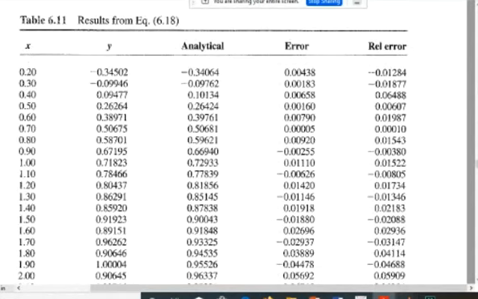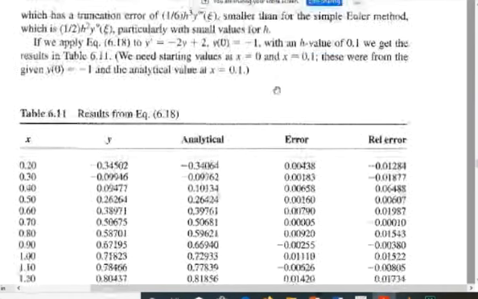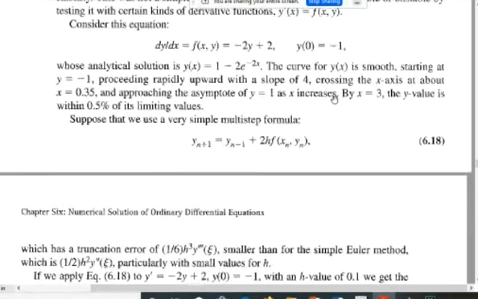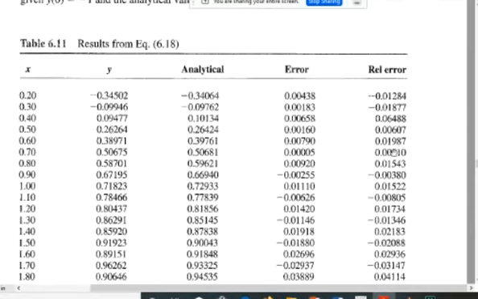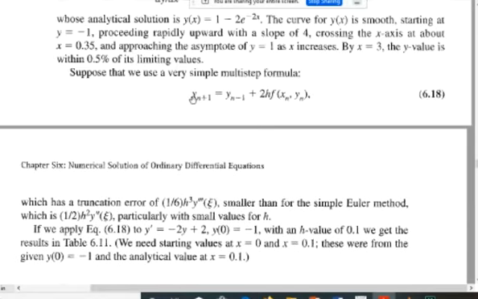What we can see here is that the results from this equation, which are shown in this table, for using this method, we need two values, y_{n+1} and y_{n-1}. You can see we use a multi-step method here.